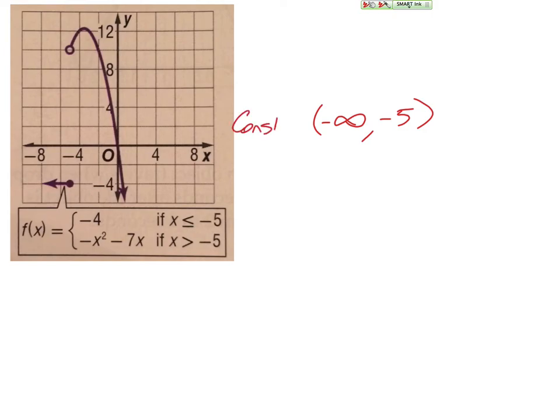Okay, AJ, give me the next one. Alright, we'll go with -3. What's it doing there? Increasing. Alright, Nick, what's the last one? Very good. -3 to infinity decreasing.